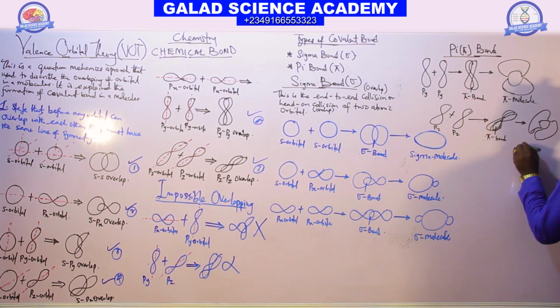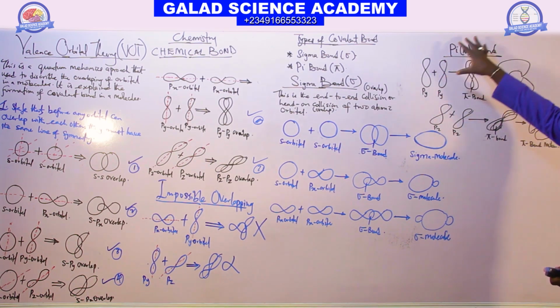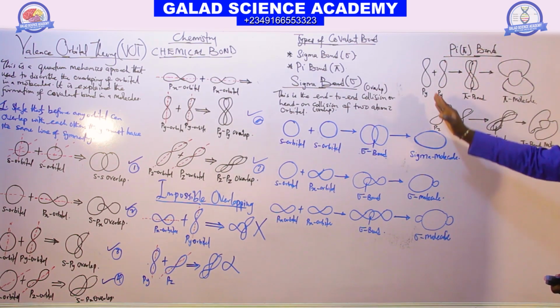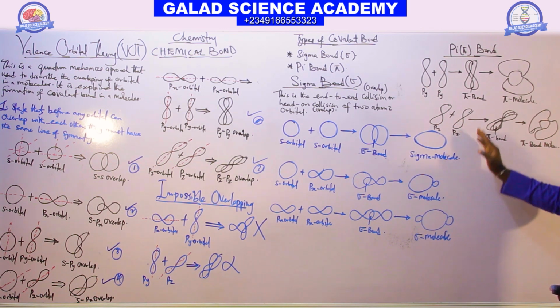This is called a pi bond molecule. So you can now see that the pi bond can be formed between py and py, pz and pz, and it is a weak bond.